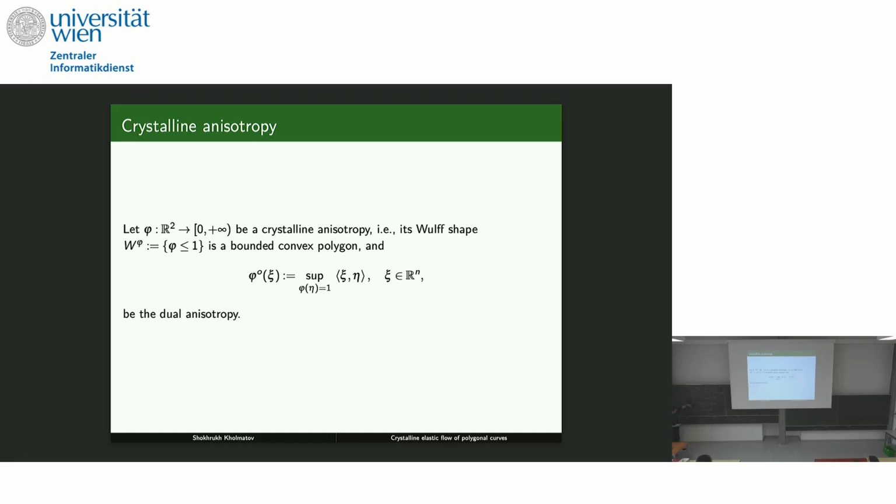Let's denote it by n0. In the polygonal case, supposing that my gamma is polygonal and admits at least one Cahn-Hoffman vector field, it turns out that n0 is nothing but the following.